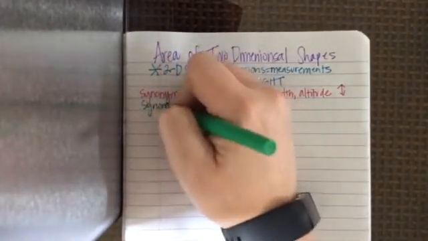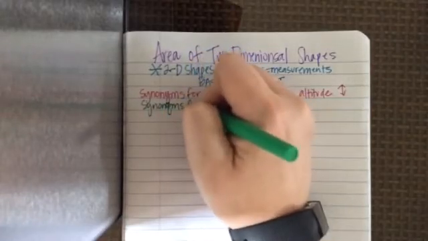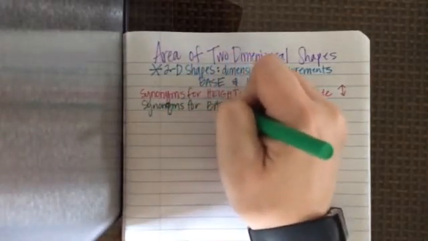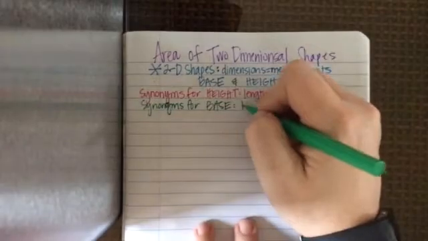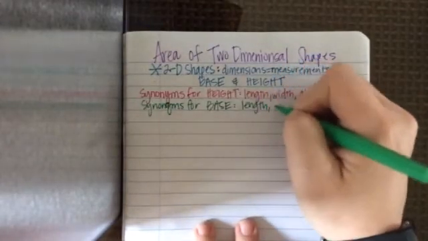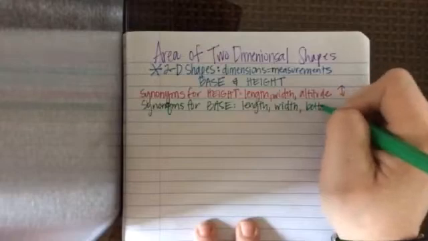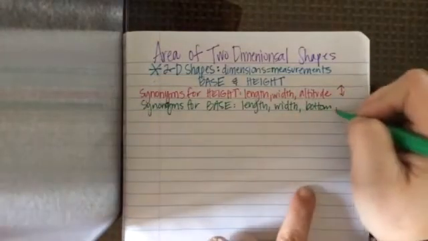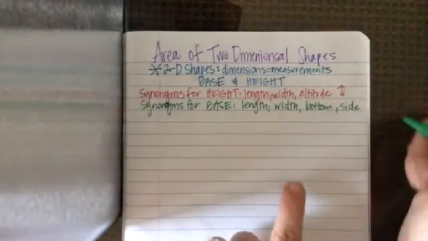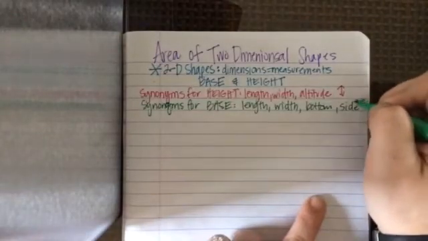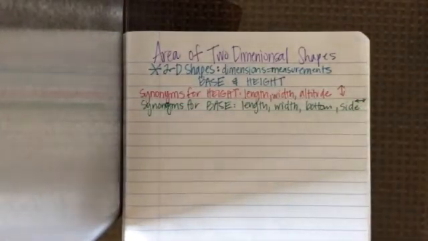Sometimes, synonyms for base could be length, could be width, could be bottom, could just be side. You know that the base is from side to side. It's the bottom of the shape.